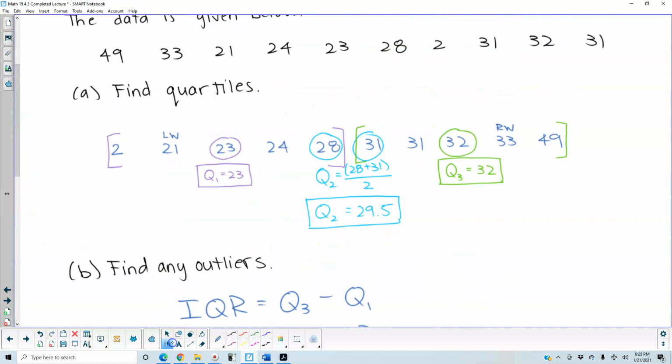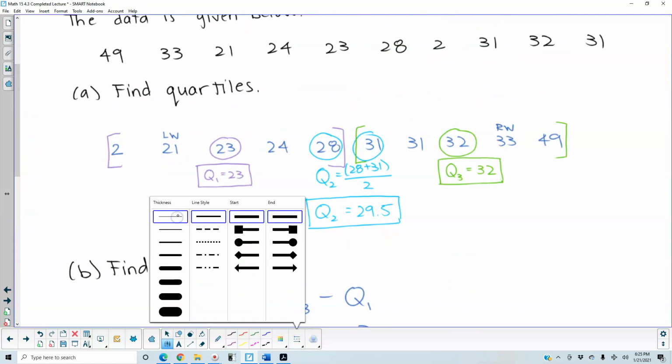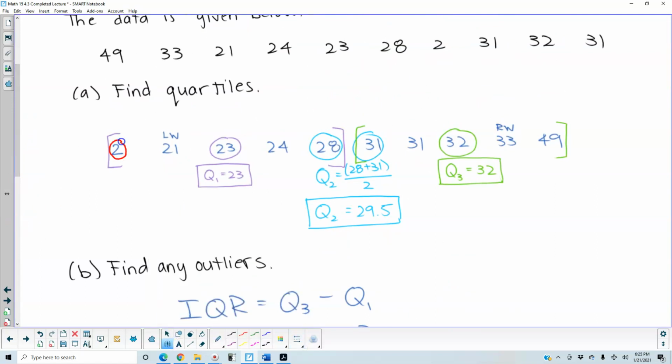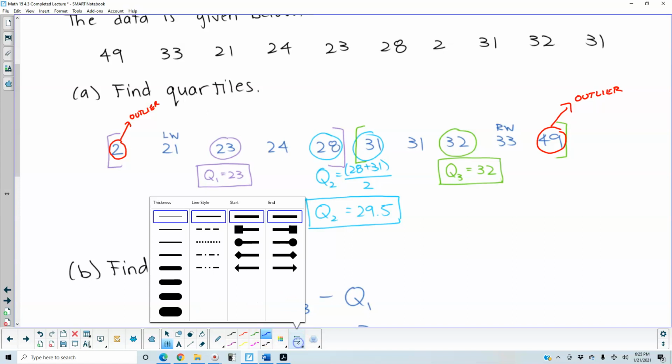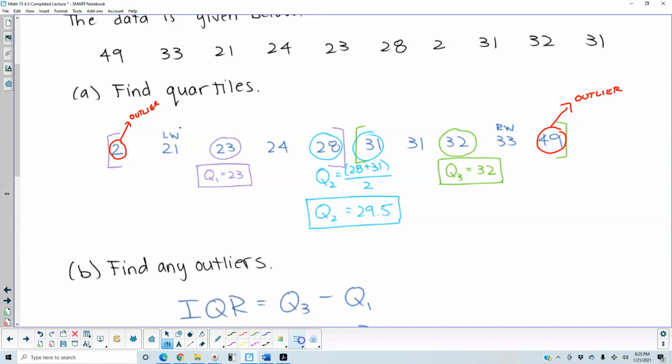We can state that 2 is an outlier on the left side, and 49 is another outlier. And then notice that 21 is going to be the smallest number in our observation, and 33 is going to be our largest number within our observation.